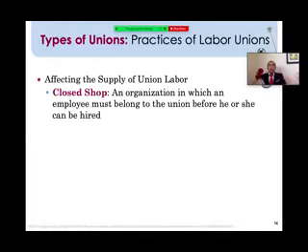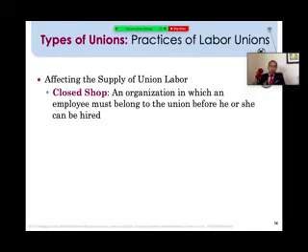Or the union, if it already has heavy influence in the industry, or in this case in the market, has to agree with the organization, the firm, or the industry that it is only going to hire union-based labor, no one else. Or they agree to only 75% union labor, you have to meet that category, and you can hire 25% non-union labor anywhere else. But the majority has to be union laborers.